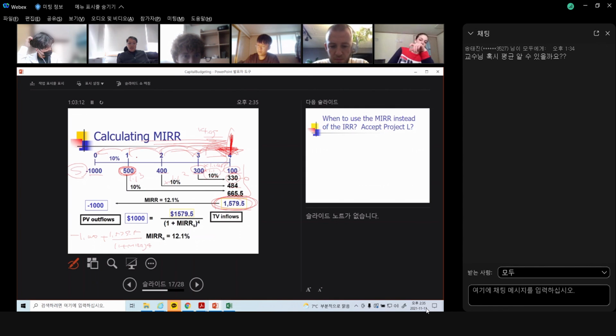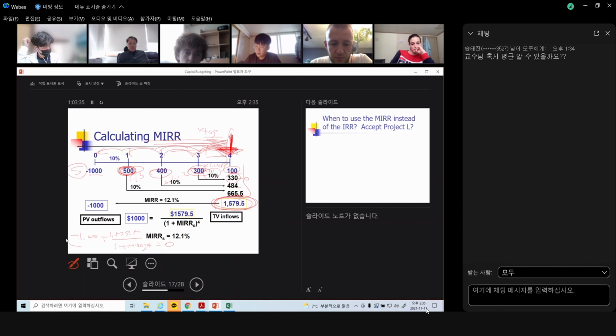We assume the cash flow stream, the cash flow happening at each year, is reinvested at not IRR but WACC. That's the only different point. Okay, it's going to be 0. This is the MIRR.